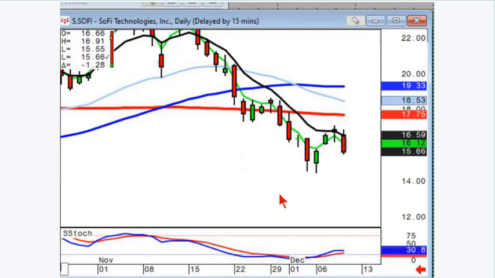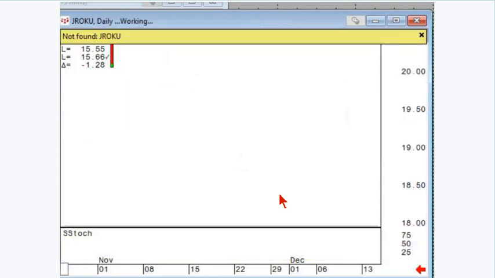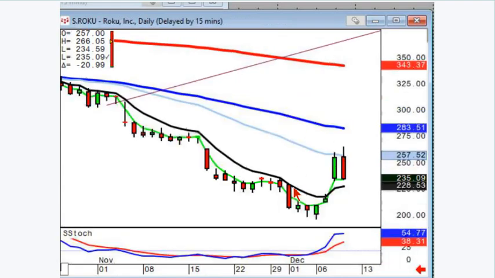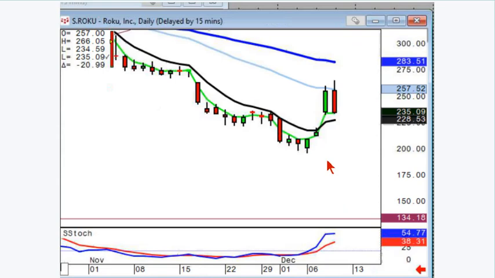Pull up the individual ones. Do you wait till it drops below the T line before shorting? I would.